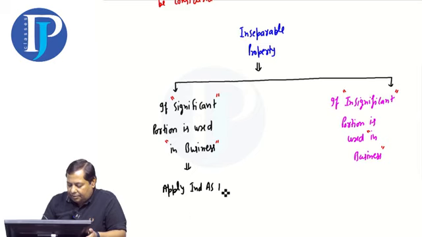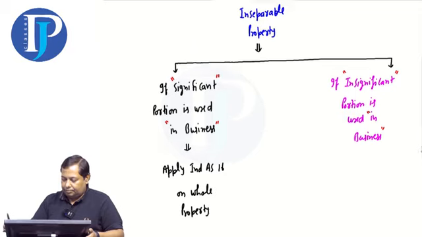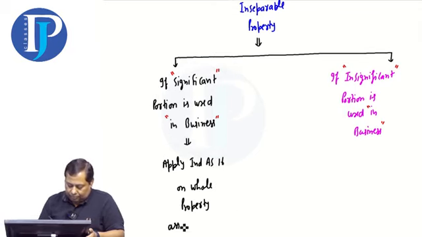Ind AS 16 on whole property, assuming PPE, property, plant and equipment.